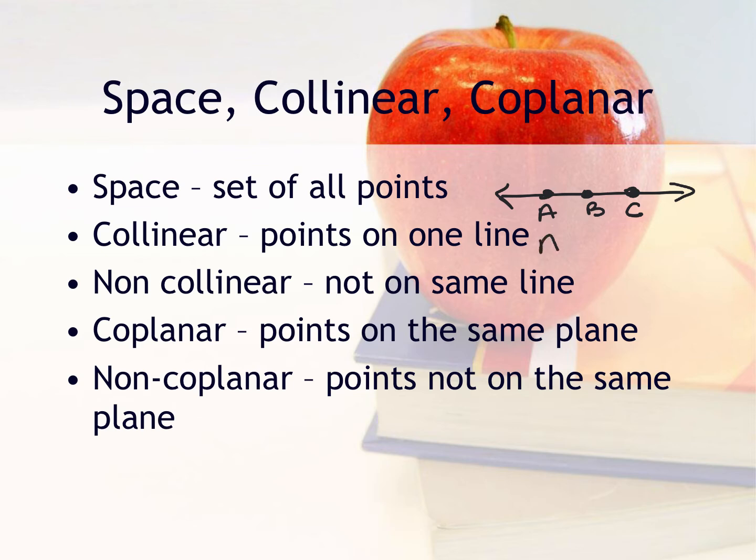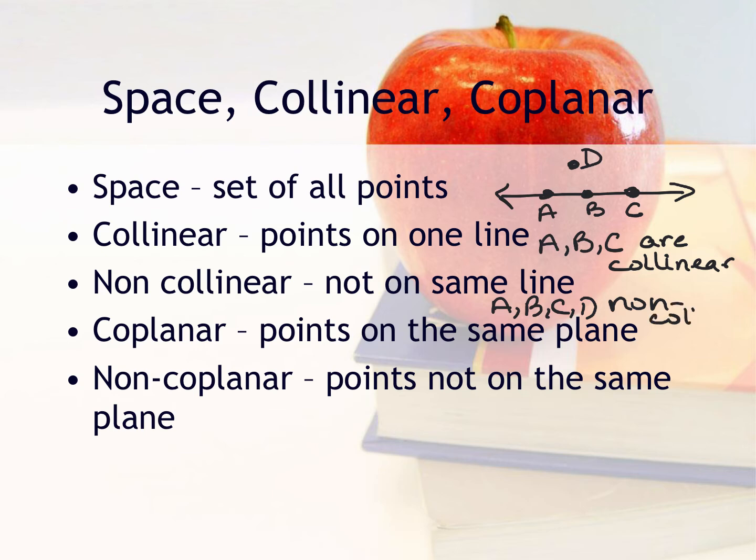So I could say that points A, B, and C are collinear because they're all on the same line. If I were to draw in another point and put it up above the line and call that D, that would be an example. I could say that A, B, C, and D are non-collinear because point D is not on the same line.